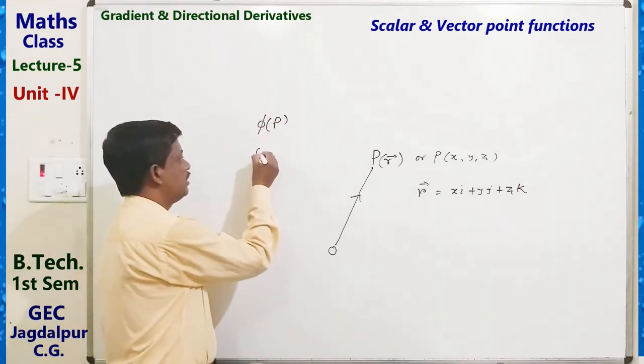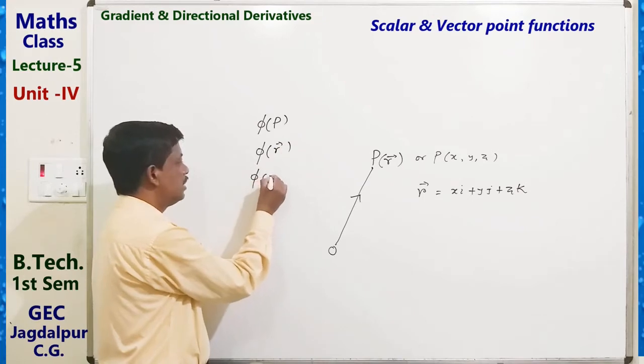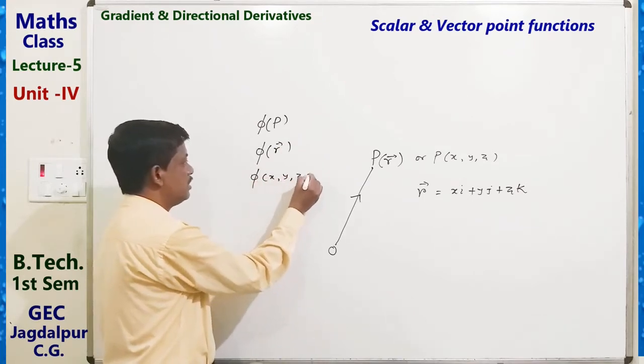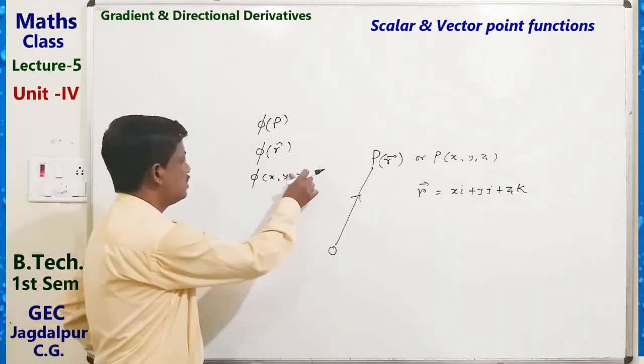It can be written as a function of R, in vector notation, or as phi of x, y, z, in rectangular Cartesian coordinate notation.